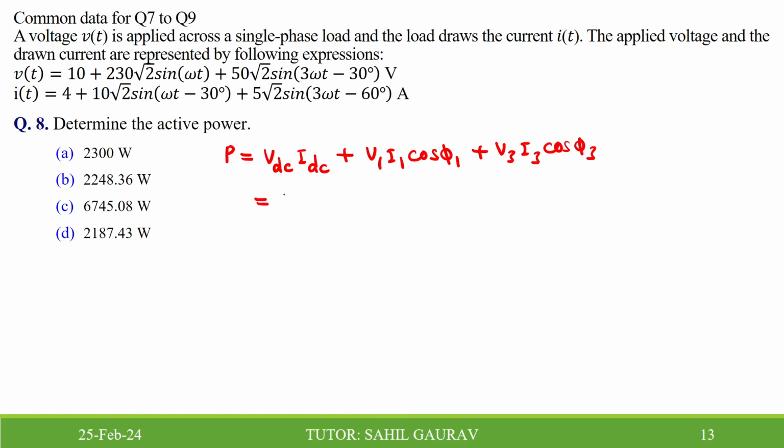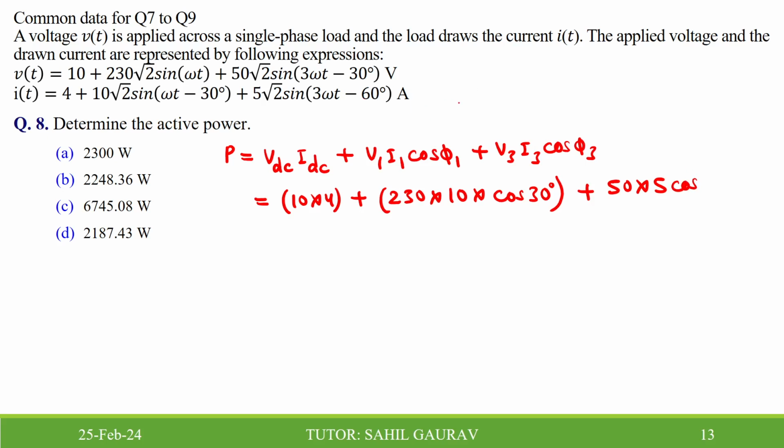So VDC into IDC is 10 into 4, and then V1 is 230, I1 is 10 cos phi 1, where phi 1 is 30 degree, and then V3 is 50, I3 is 5 cos.